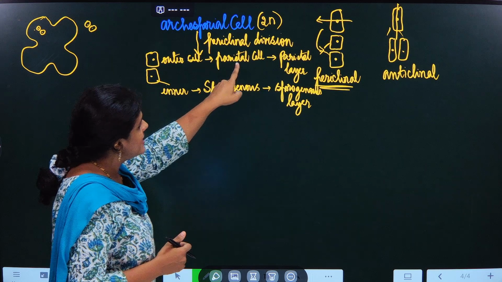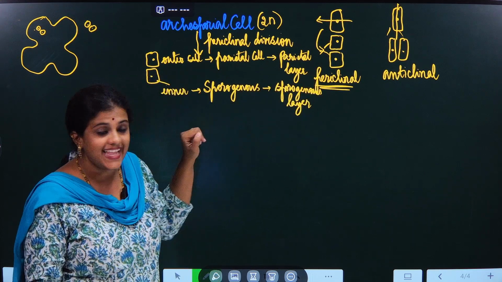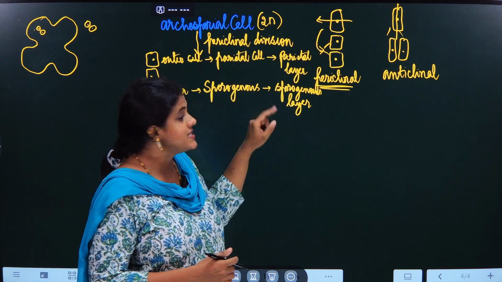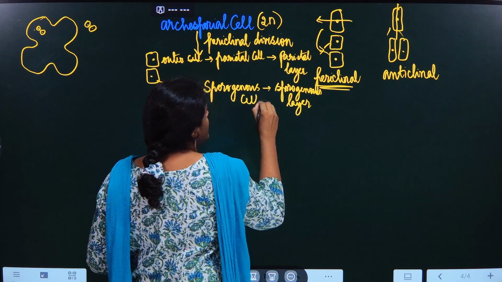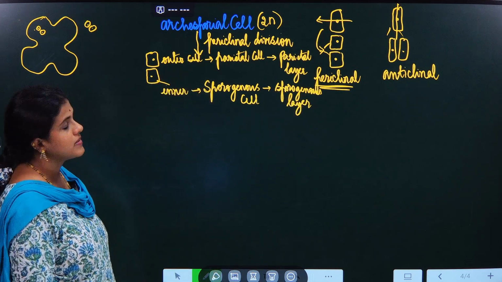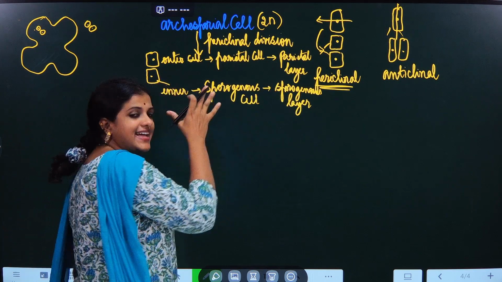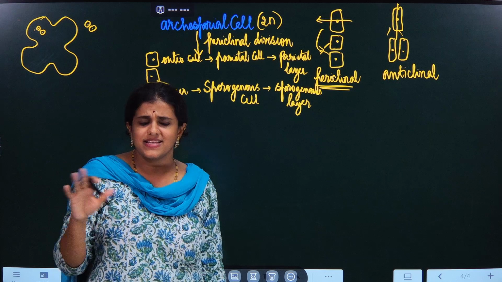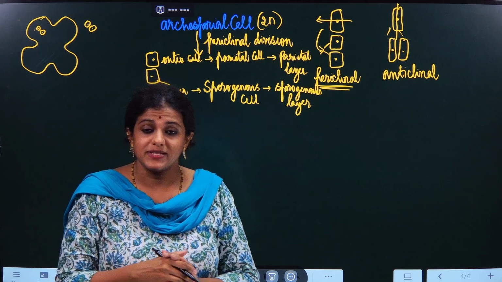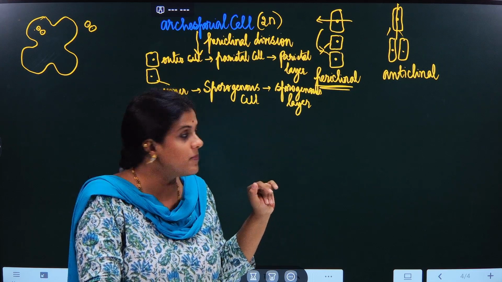The outer cell is the parietal cell because it is going to give rise to the parietal layer, and the inner cell is called the sporogenous cell because it is going to give rise to the sporogenous layer. Now the parietal layer we have already discussed. What are the cell layers? Epidermis, endothelium, middle layers, all these structures will be formed.